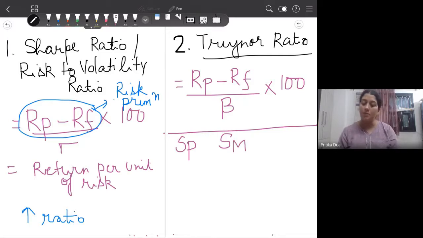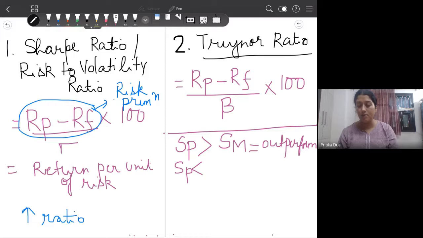If the Sharpe ratio of your portfolio is greater than the Sharpe ratio of the market, going as per the rule that higher the ratio, better it is, we say that our portfolio, our mutual fund has outperformed the market. So it has given return which is higher than the average market return.